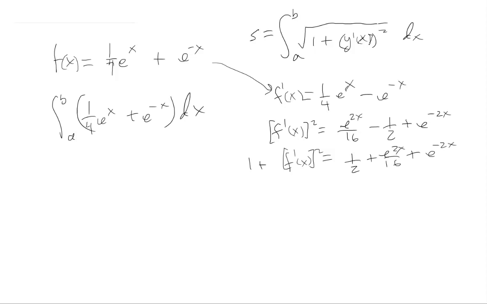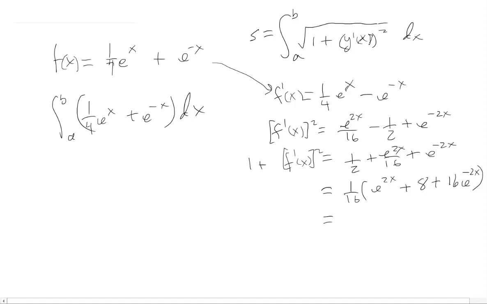Now, if we look at that a little closer, we're going to see that we could write it this way: 1 over 16 times e to 2x plus 8 plus 16e to the negative 2x.